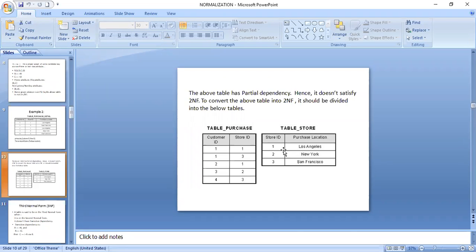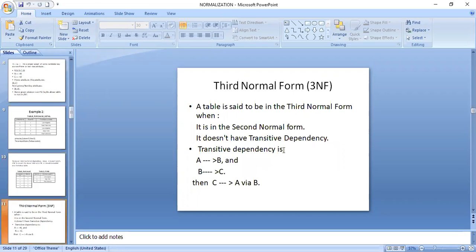Is this clear? Coming to the third normal form. When you come to third normal form, you'll have certain constraints here. First of all, the table should satisfy second normal form, and it should not have transitive dependency.